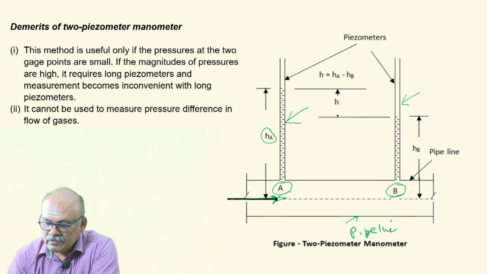Similarly, because of the liquid pressure at B, the liquid rises in the piezometer connected to point B to a height HB.